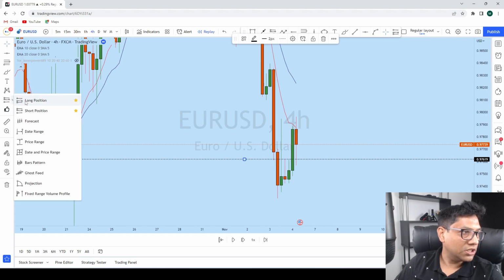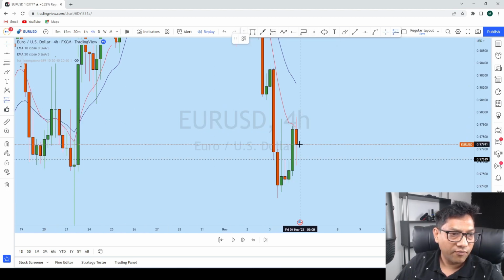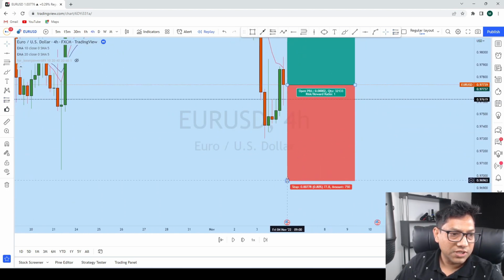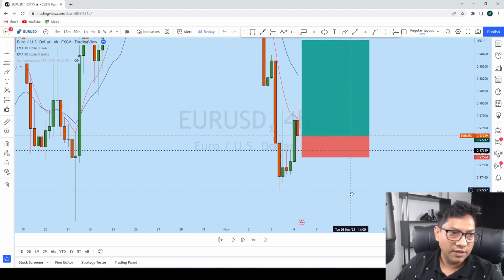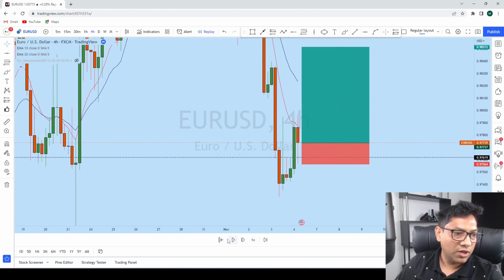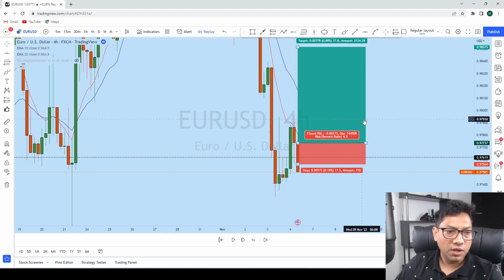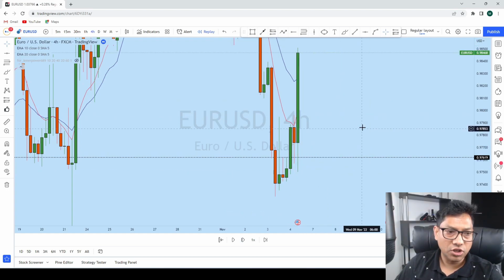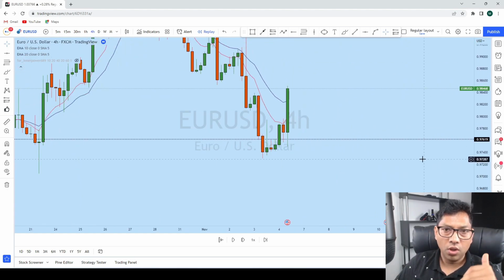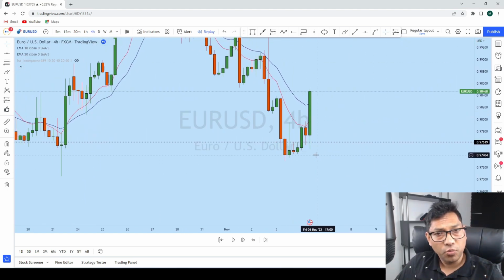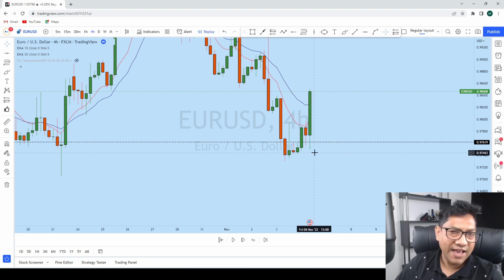I'm going to long this market from here, with a stop loss below this candle. And then once you took the trade that way, it just hit your stop loss and then started to move in the direction. But what if you wait for the manipulation candle that has already hunted millions of retail traders?